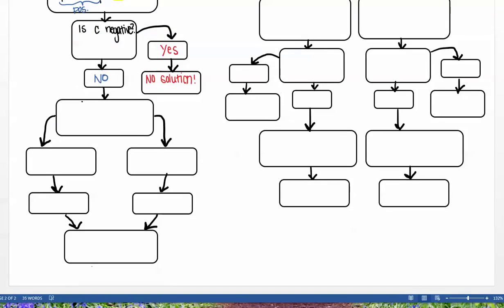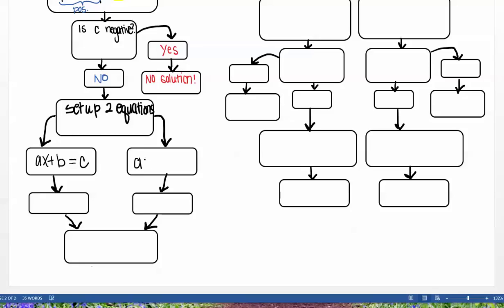Okay, you're going to set up two equations. Your first equation: we don't have to write the absolute value anymore. We write what's inside the absolute value, which is ax plus b is equal to c.